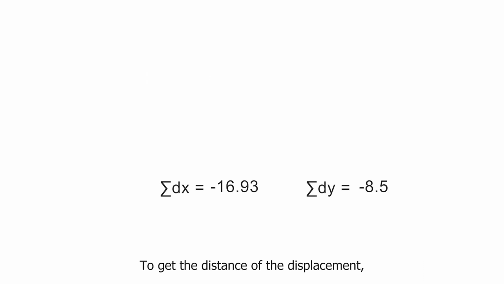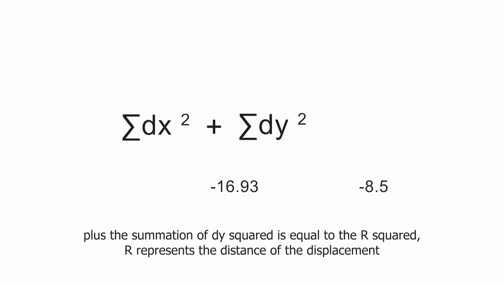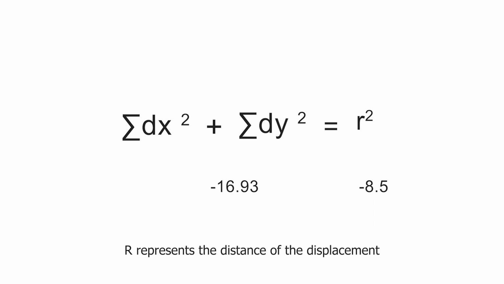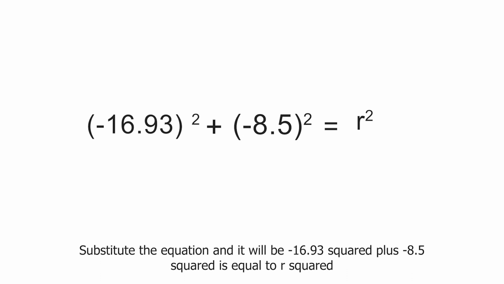To get the distance of the displacement, we just need to use the Pythagorean theorem. So the equation will be the summation of dx squared plus the summation of dy squared is equal to r squared. R represents the distance of the displacement. Substitute the values, and it will be negative 16.93 squared plus negative 8.5 squared is equal to r squared.